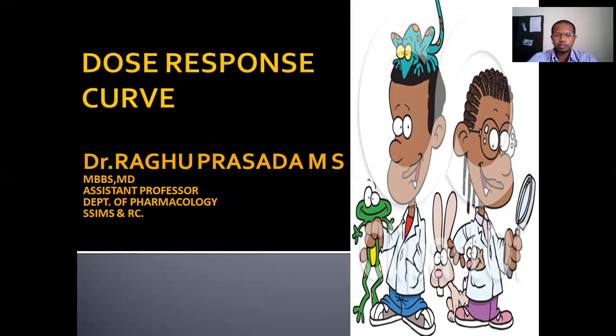Measurement of such responses is very important to understand how effective the drug is. The effectiveness of a drug is mainly defined by its potency and efficacy. So today we are dealing with the concept of the dose response curve and various types of response measuring activity.